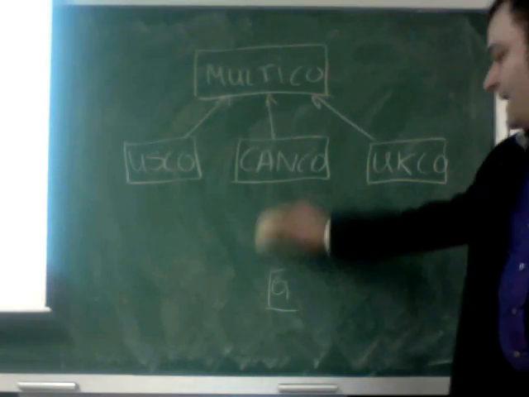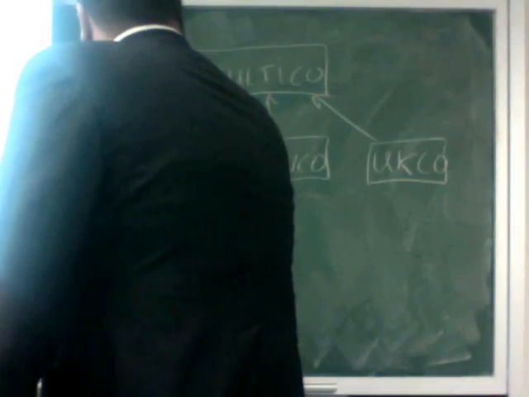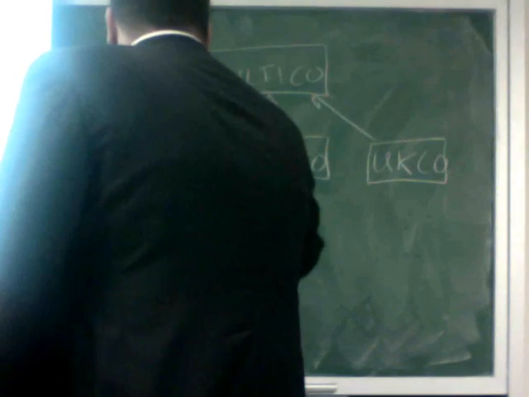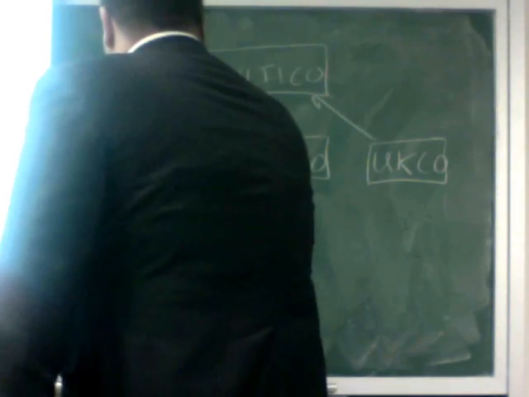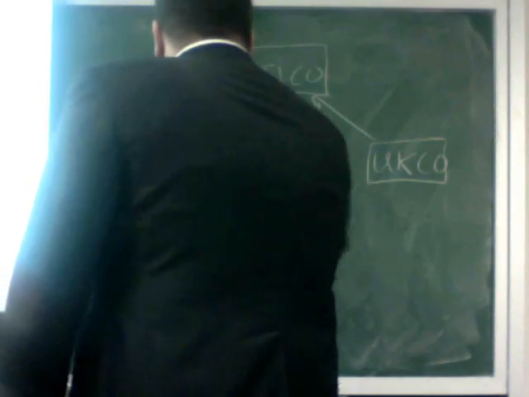So when you look at each one of those, each might have other corporations. It might have, say, different divisions: CO1, CO2, CO3.